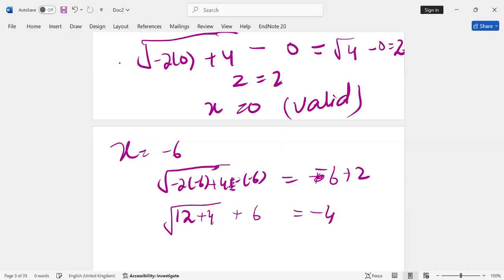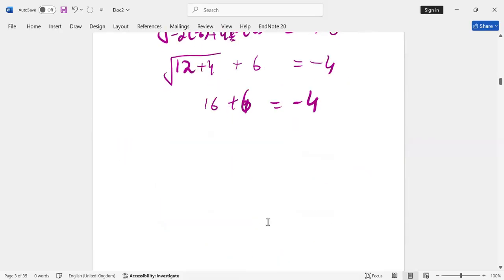We have a minus 4 over there, and we have 12 plus 4 is 16 plus 6, that is equal to minus 4, and we have 4 plus 6, that is equal to 10, which is not equal to minus 4.